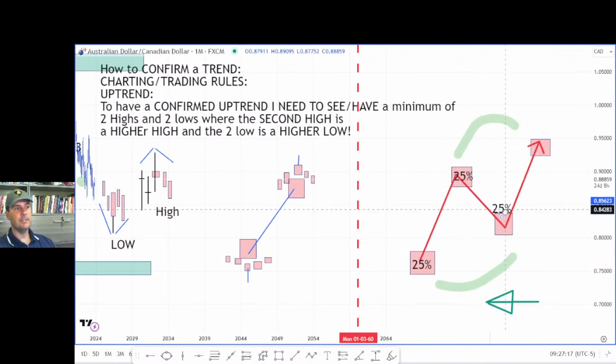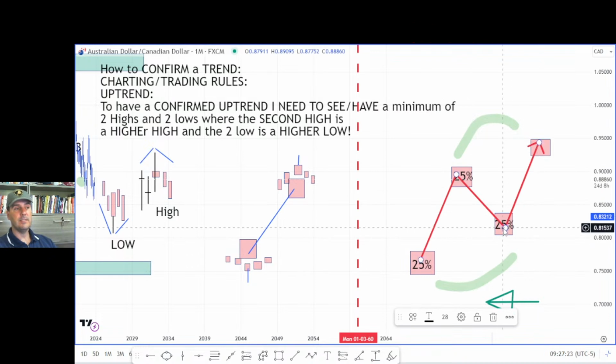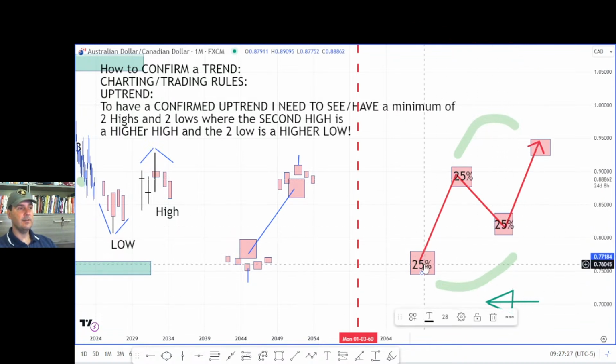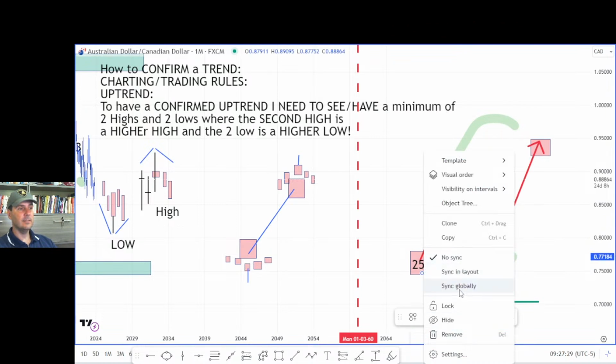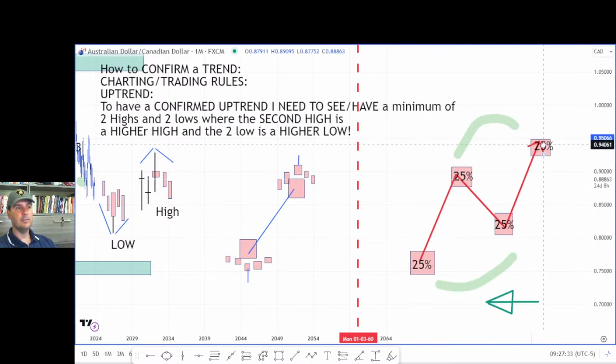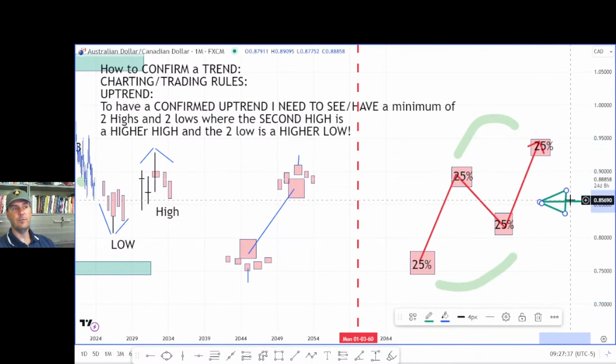Together, 25 plus 25. This higher low represents another 25%, and this high represents another 25% of a confirmed uptrend.